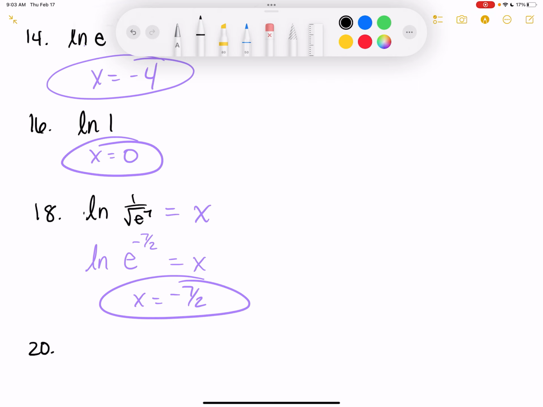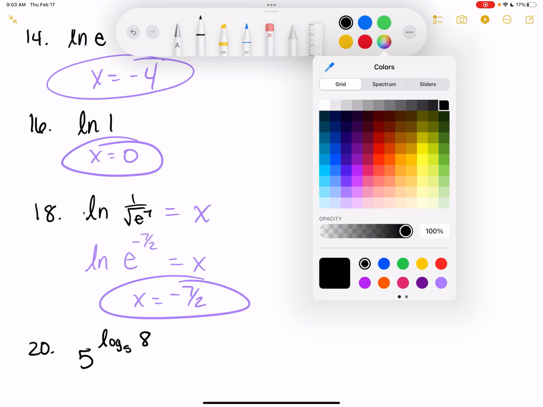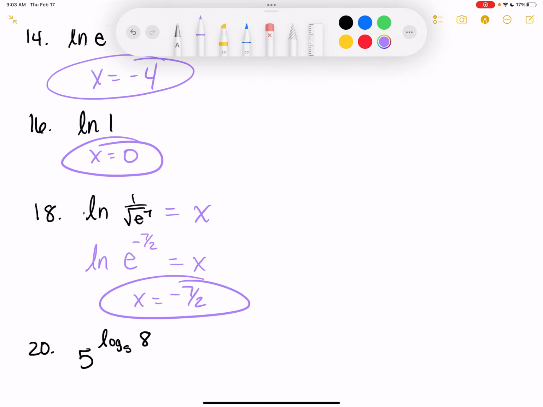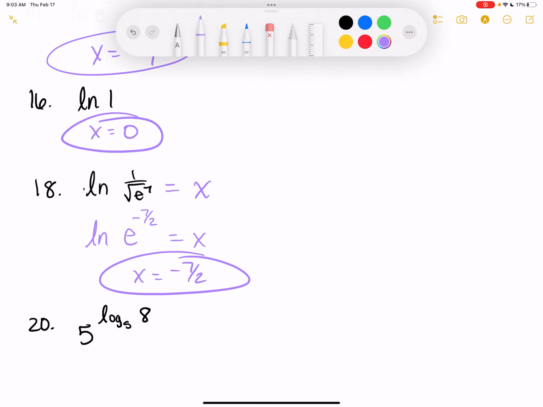All right, 20. 5 raised to the log base 5 of 8. What is this equal to? Oh wait, we wrote it down. Did we not do number 12? It equals x. Correct.